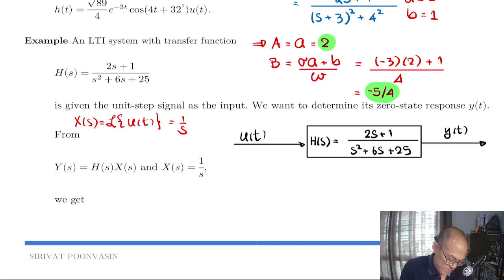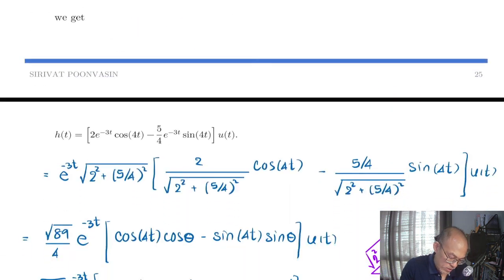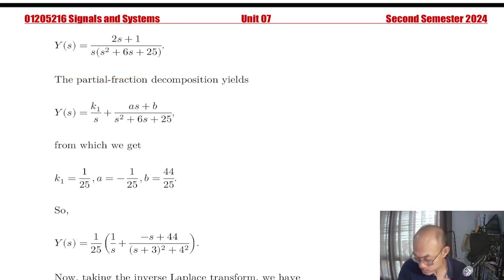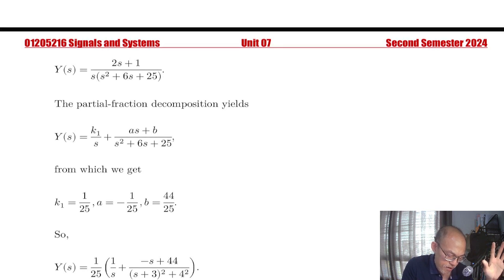So we plug in 1 over s to here, and we plug in H(s) to here, and we're going to get this. Now, because we need to find the time domain of this, we need to do the inverse Laplace transform of this.